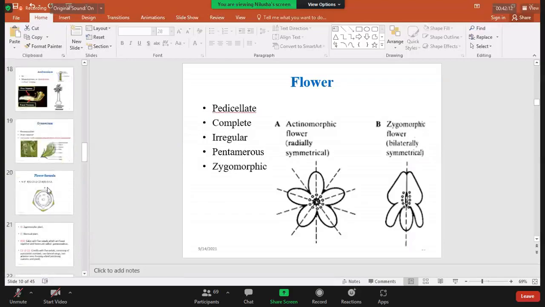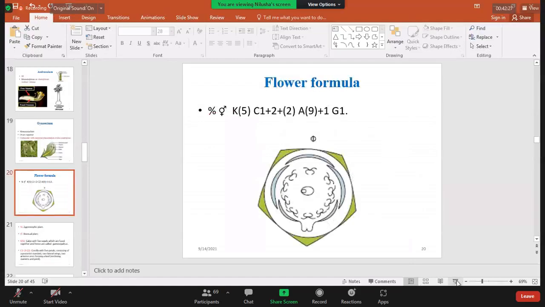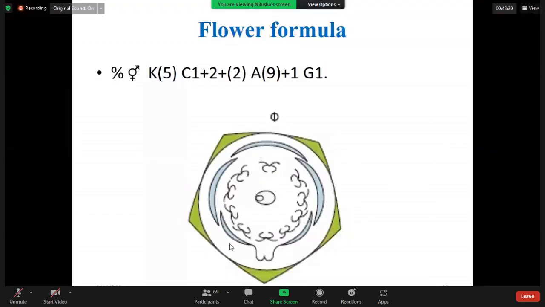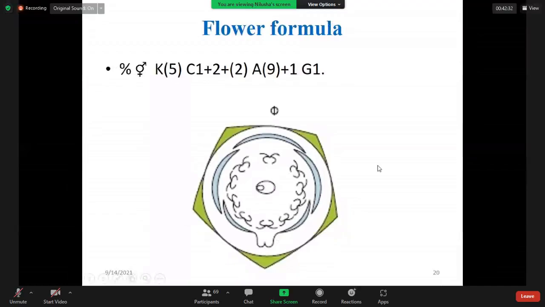Did you understand the floral formula? Yes, ma'am. This is very important. You should know about the floral formula and how to write and draw it.